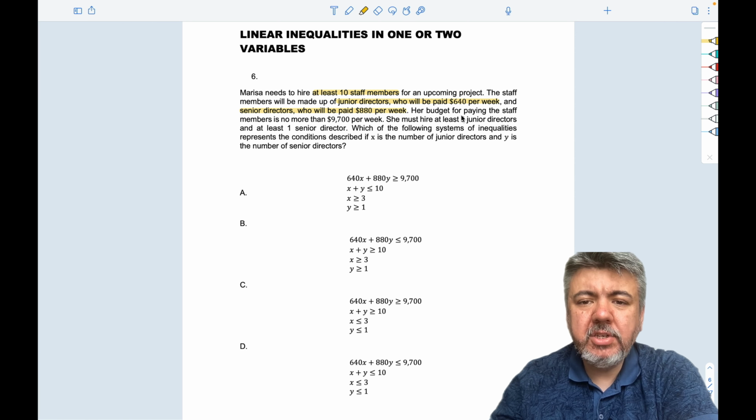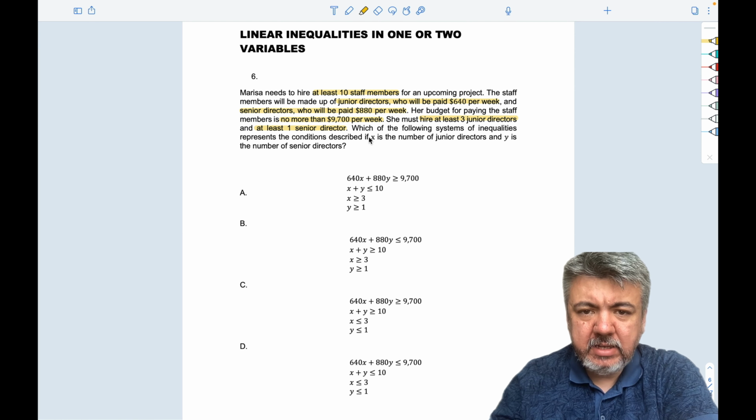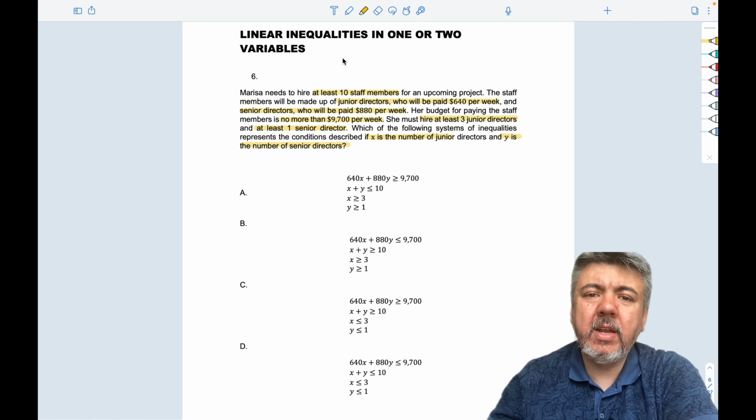The budget for paying the staff is no more than $9,700 per week. She must hire at least 3 junior directors and at least 1 senior director. If X represents the juniors and Y represents the seniors, show the inequality.